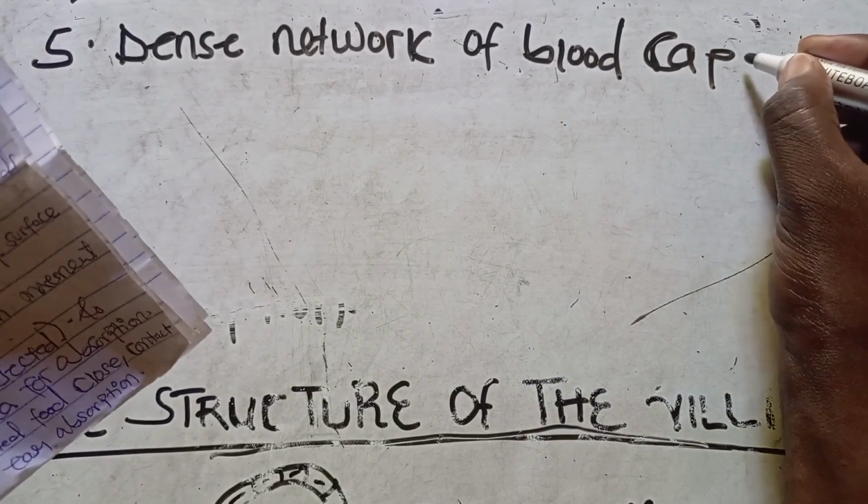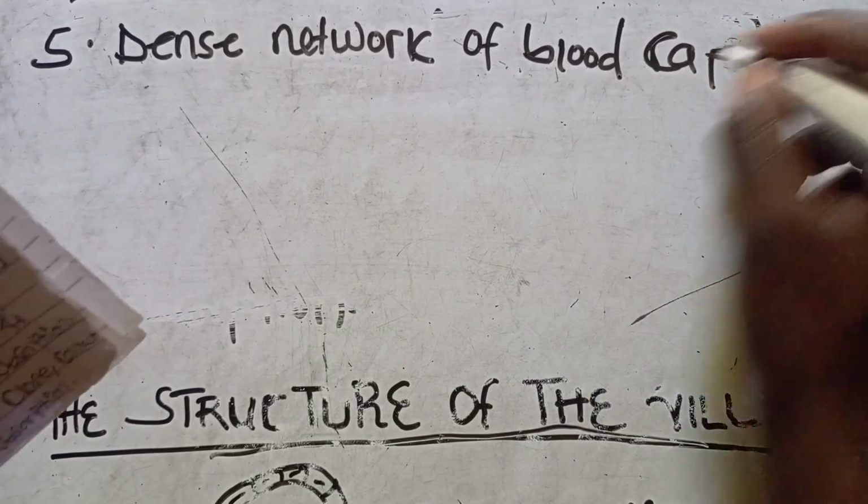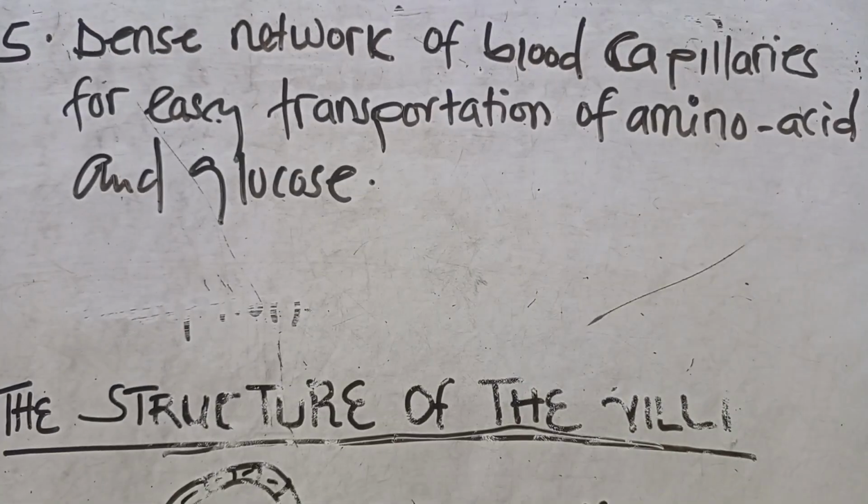So another adaptation that we can talk about of the ileum is that it has a dense network of blood capillaries for easy transportation of amino acid and glucose. So this point is self-explanatory.